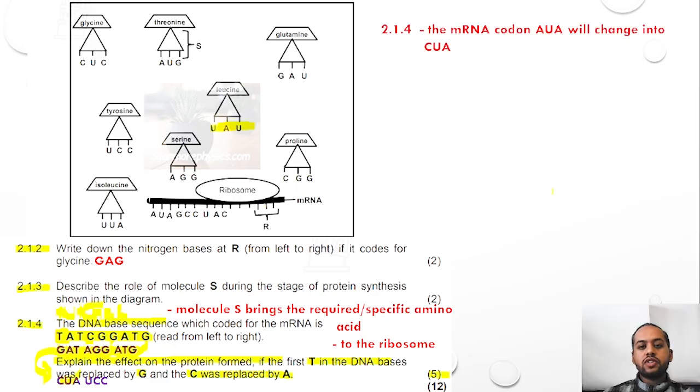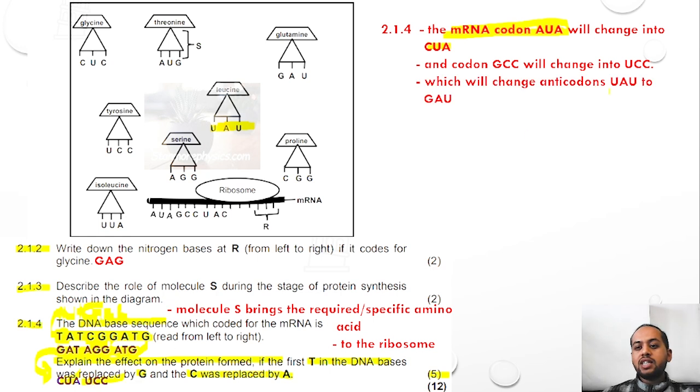So if we look at the answer for 2.1.4, the mRNA codon AUA will change to CUA. So AUA, the initial mRNA codon, changes to CUA. The codon GCC will change to UCC. So initially the second codon, which would have been GCC, changes to UCC.